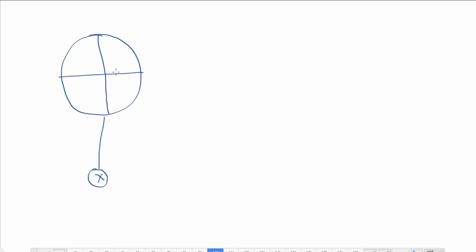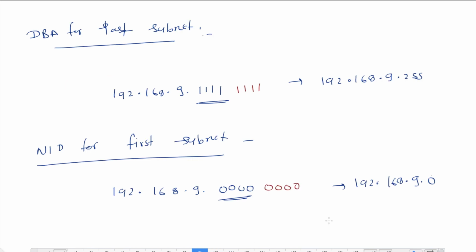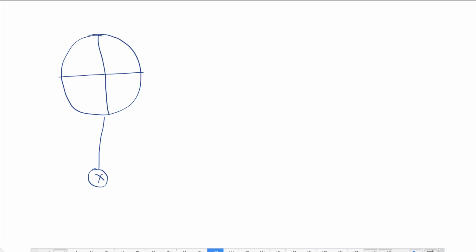So how will this router get to know whether this is the network ID of the first subnet or the network ID of the whole network? Because from this router's perspective, this network is 192.168.9.0/24, right? From this router's perspective, this network is the whole network.